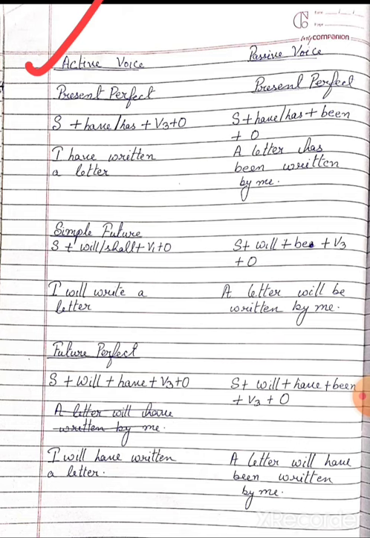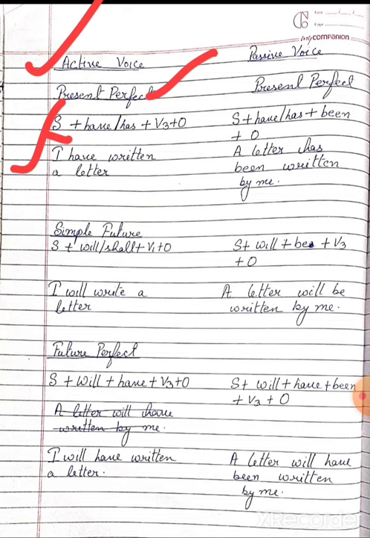Let us first discuss the structure of present perfect tense in active voice, as you can see in this picture. What is the structure? Subject plus have or has plus V3 plus object. As you see in this example, I have written a letter. Here, I is the subject, and according to the subject we have used have, and then the V3 form of write is written, and then the object a letter.